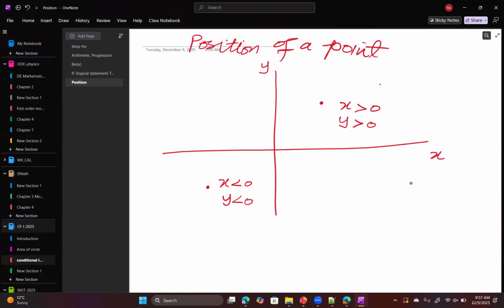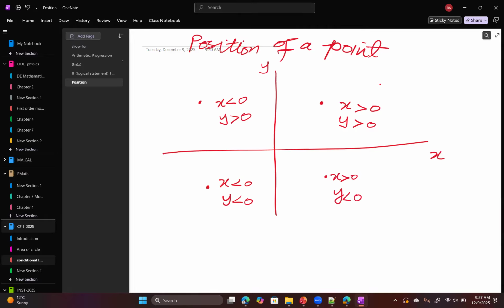We know that in the first quadrant, x and y both are positive. In the second quadrant, the x value is negative and the y value is positive. In the third quadrant, we have x values negative and y values negative. In the fourth quadrant, we have x positive and y values less than 0.